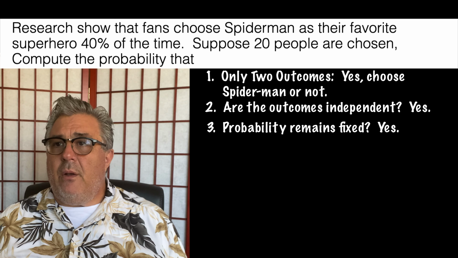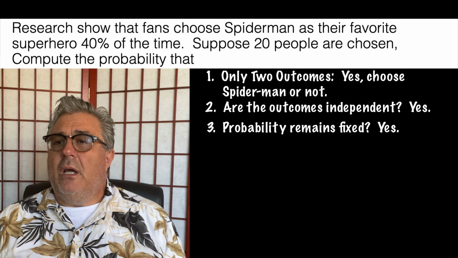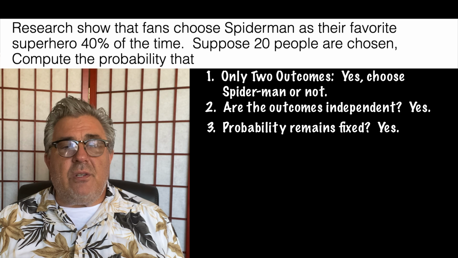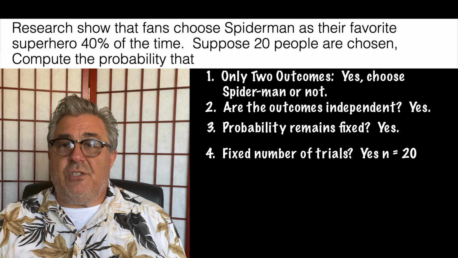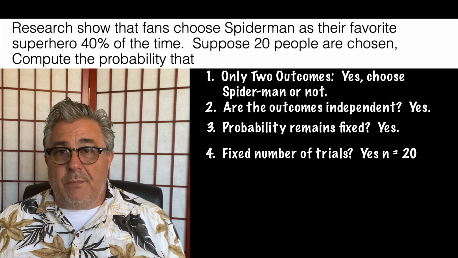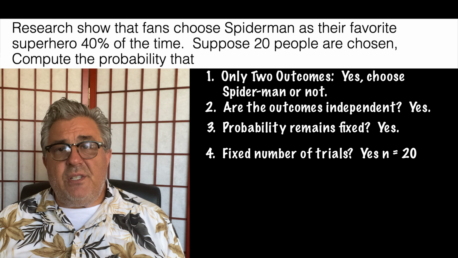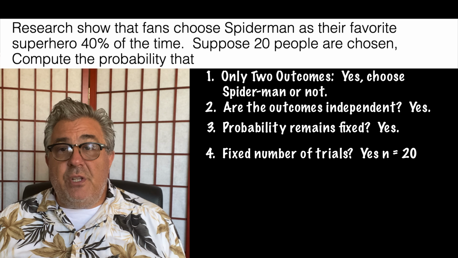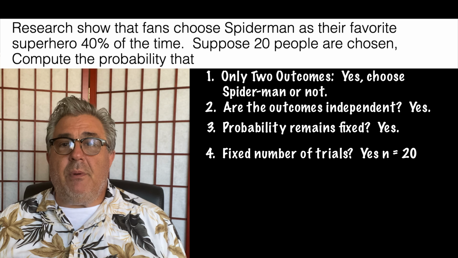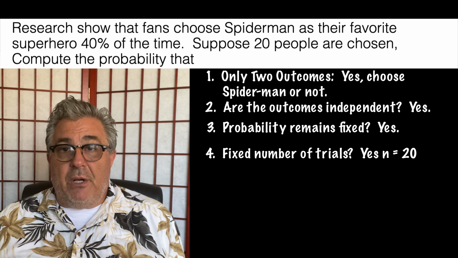So 40% remains fixed. There's no changing of that probability of a success. And then finally, that there's a fixed number of trials. In this case, yes, that is met because only 20 people are chosen. So the requirements for this example are met, and this does follow a binomial probability experiment.